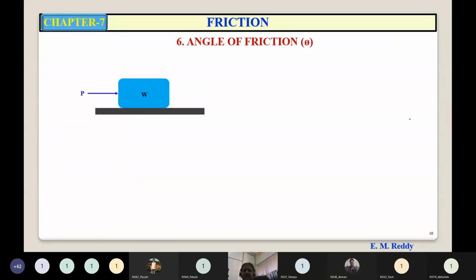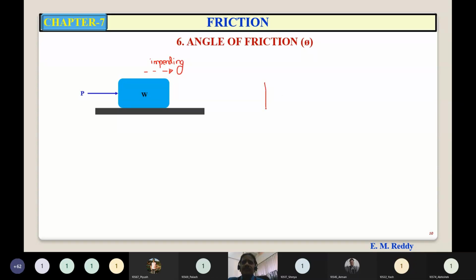Now, angle of friction, phi. Now, let us consider this situation. A body of weight W is kept on a horizontal surface, and a force P is applied on the body such that the body is impending its motion, means the body is on the verge of motion.